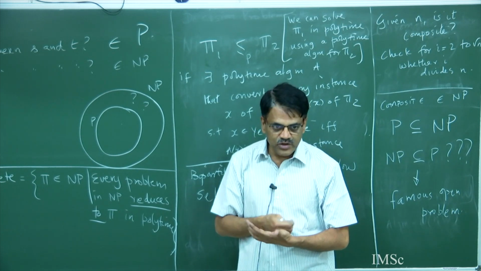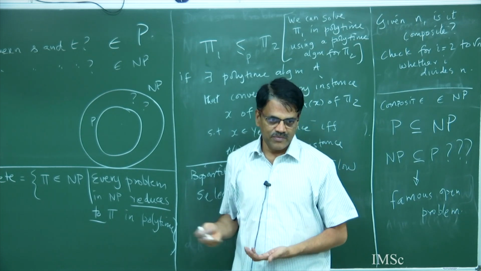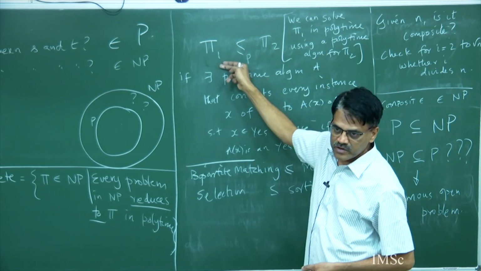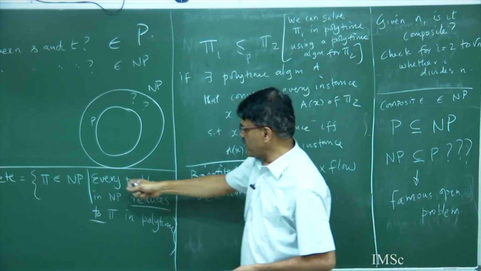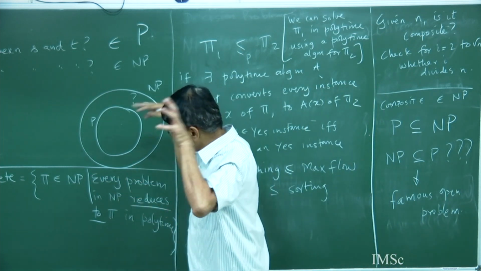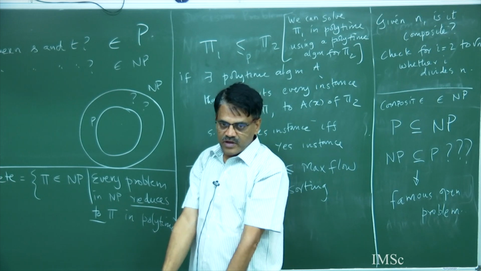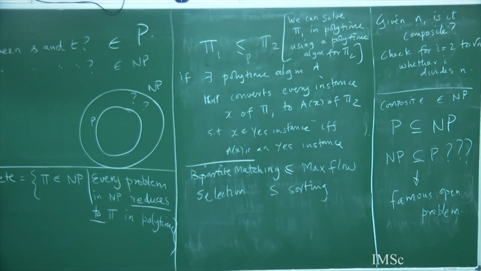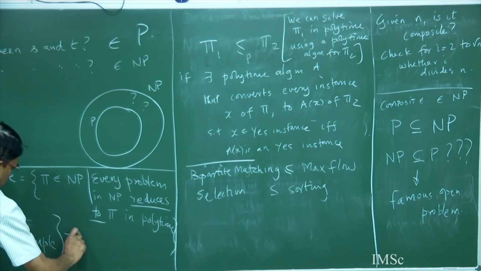If you can solve this, you can solve every problem in NP in polynomial time, because pi 1 reduces to pi 2 means that pi 2 is in P implies pi 1 is in P. So, if pi is a problem to which every NP problem reduces, that means we can solve pi in polytime. Hence, pi is in P and pi is NP complete imply what?